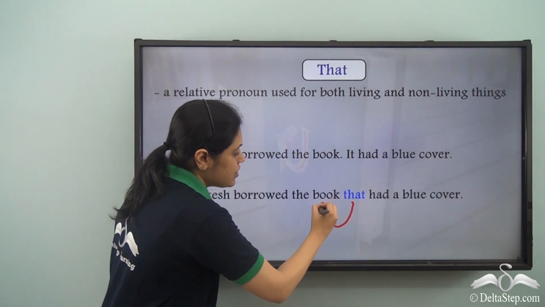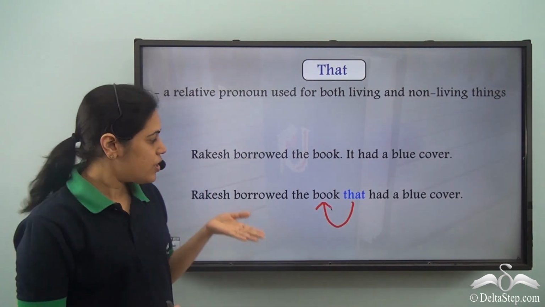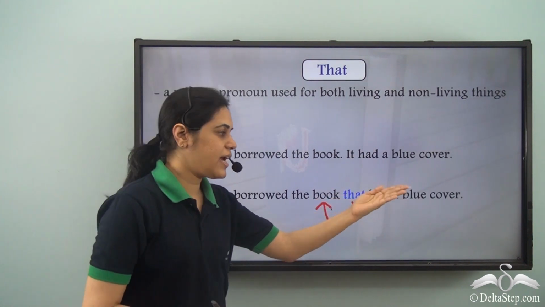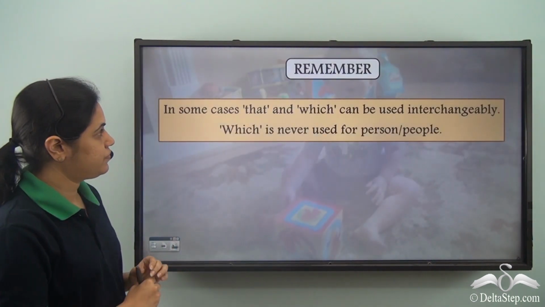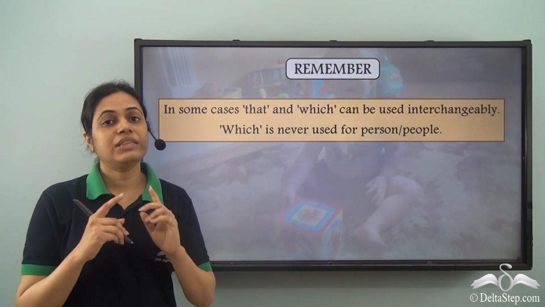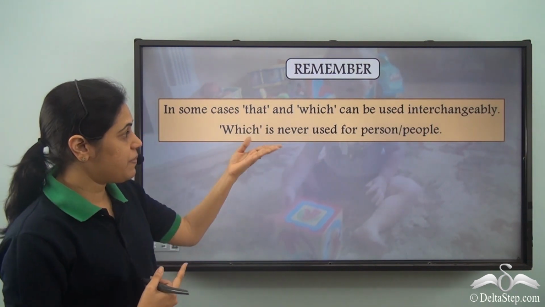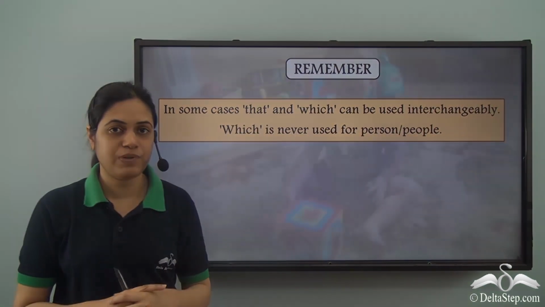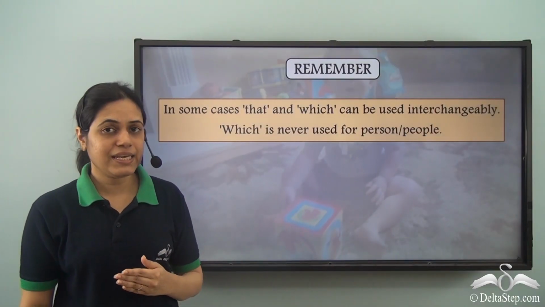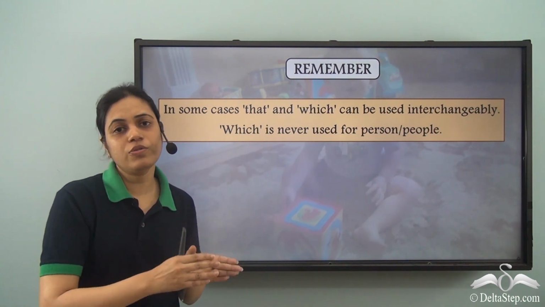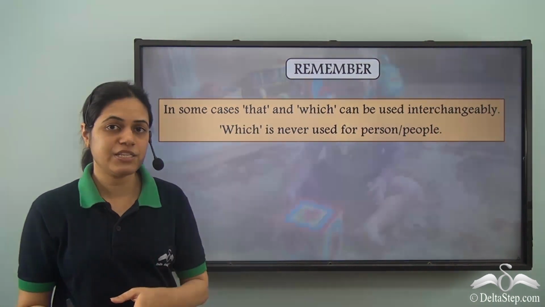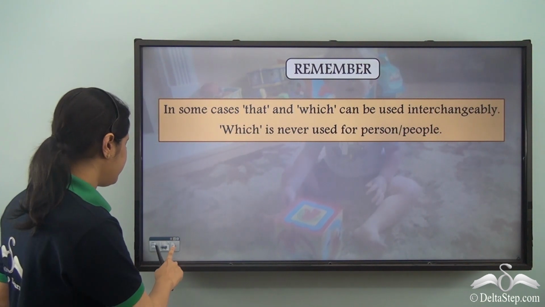So that refers to the book. Now, that and which can be used interchangeably. So, in many cases, you can use which in place of that, or you can use that in place of which. Let us see how.